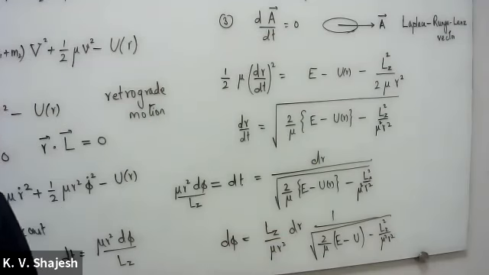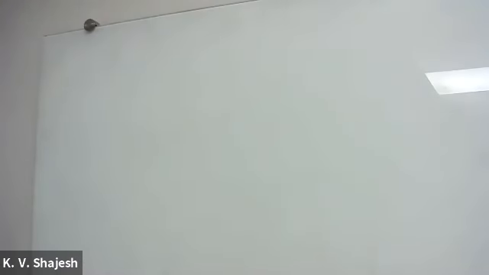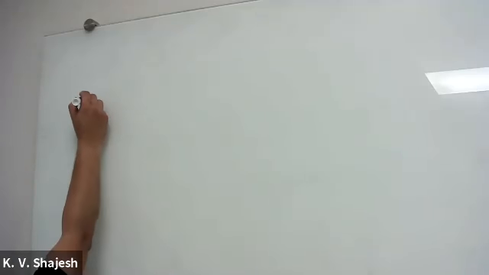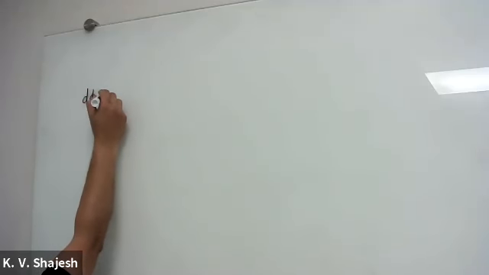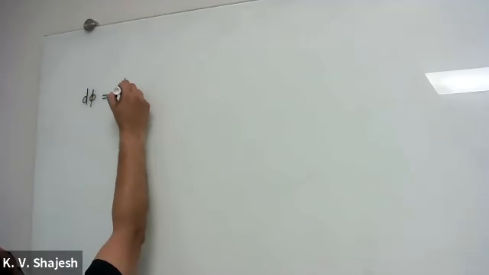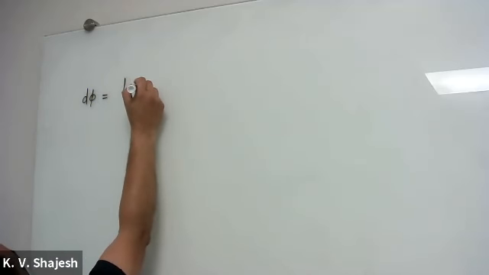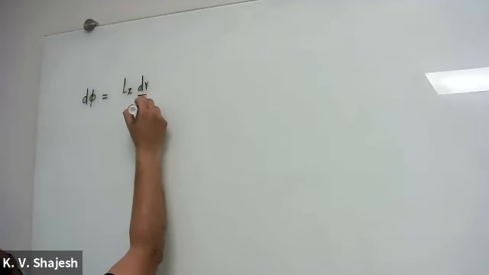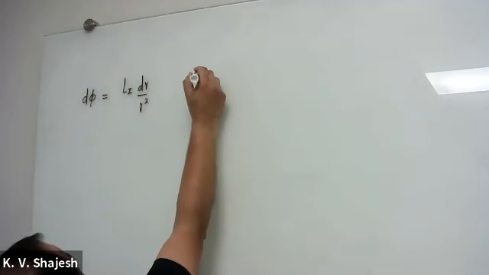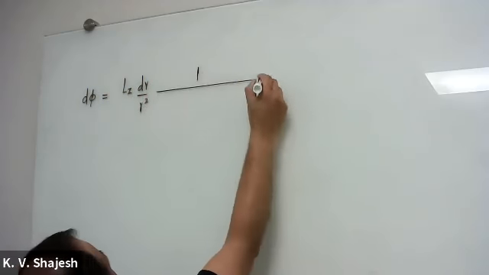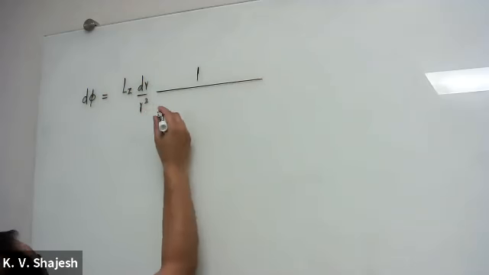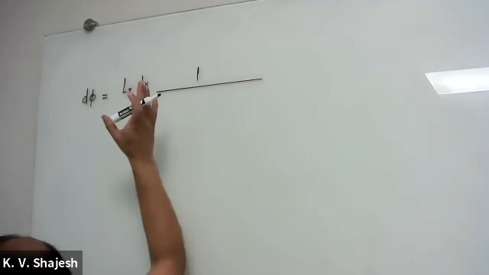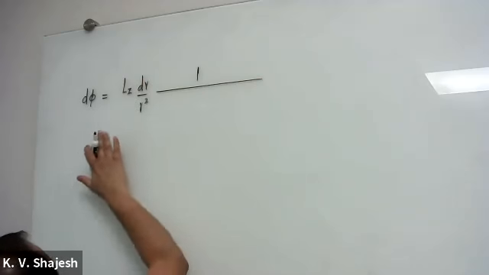And then what we get is phi is equal to the integral of L_z dr over r squared and the square root of 2 mu E, when I multiply the mu inside.